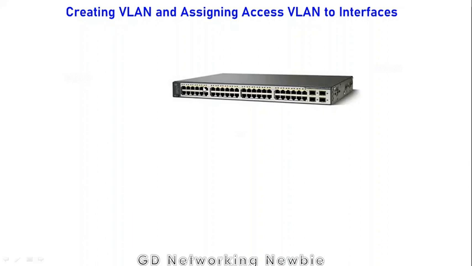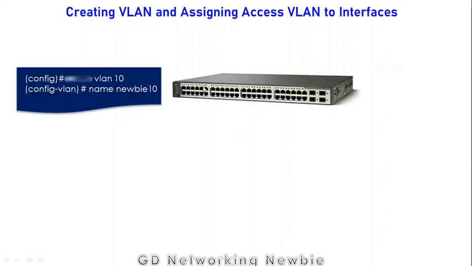So first we create the VLAN itself, and for that we have the command create VLAN 10. 10 is any number you can use; the VLAN ID has 12 bits, so you can calculate how many possible numbers there are. Then you can assign any name to that VLAN, for example new V10. This way, with the help of this command, we created a VLAN.